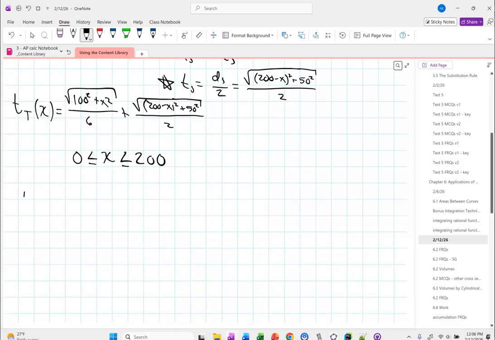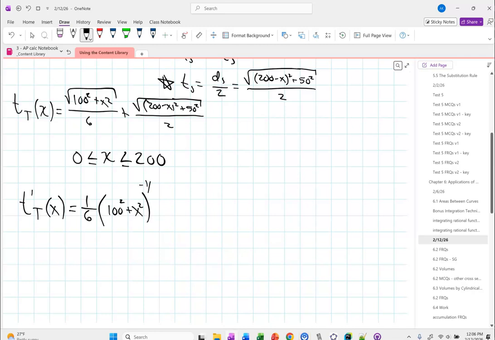So I'm going to need to find the derivative of t. If I take the derivative of this, I can do it term by term, right? To take the derivative of the first piece, what do I need to use? A chain rule. So I'm going to pull the 1/6 to the front, and I'm going to have the derivative of the outside.